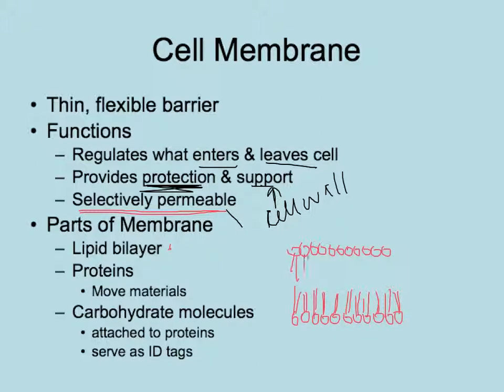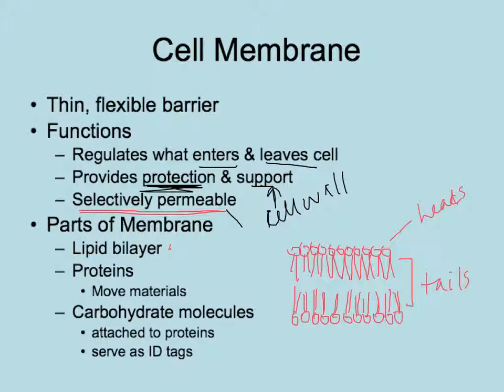Hold on, I'm getting there. Okay, so we have the lipid bilayer. So we have our phospholipid heads and our fatty acid tails. So these are the tails. These are the heads. And we have essentially 2 areas. You have the heads up top and then you have the tails in the middle.